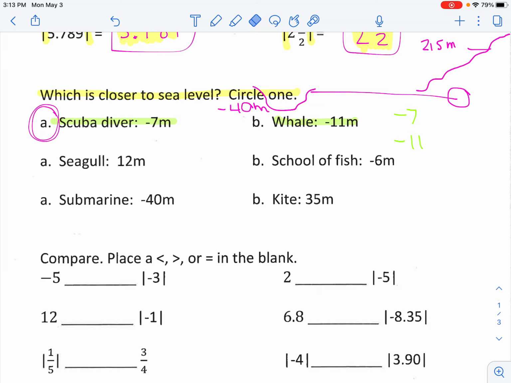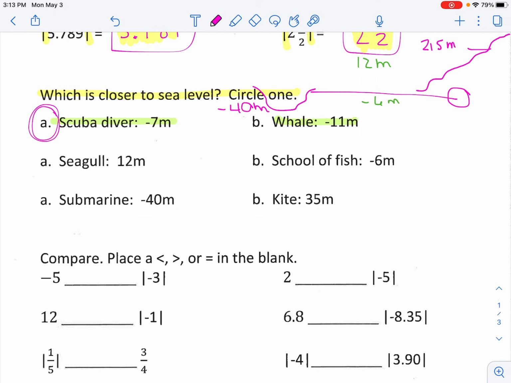So I'm going to erase those two so we can do our next two examples. Which is closer, a seagull at 12 meters above or a school of fish at 6 meters below? Well, 6 is closer to 0 than 12 is.